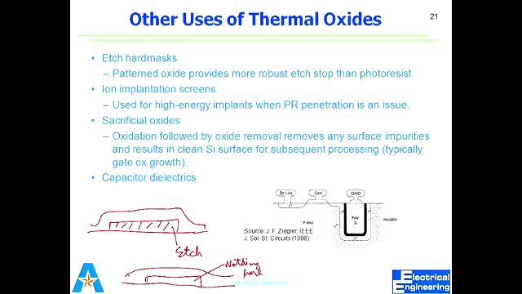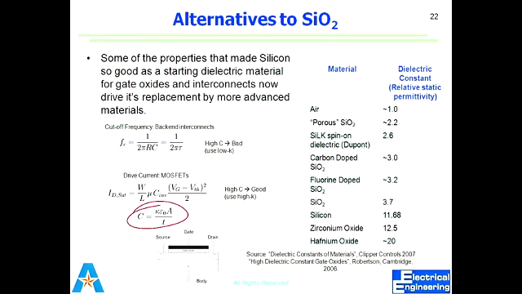Thermal oxides are used as etch hard mask, ion implantation screens, sacrificial layers, capacitor dielectric. These are different uses of the oxide layer that we have already discussed in the last lecture. As I told you, we are trying to seek out alternatives to silicon dioxide, but any alternative should have a high dielectric constant as compared to silicon dioxide.